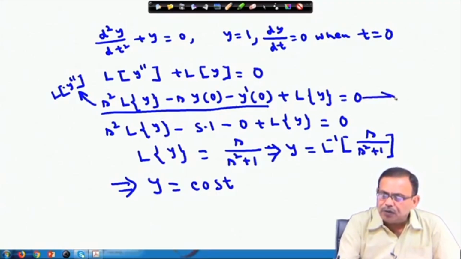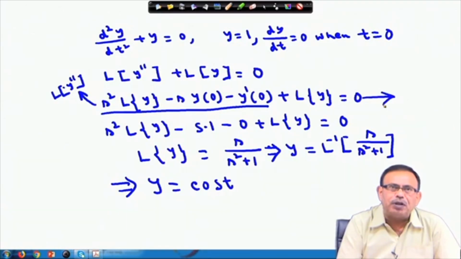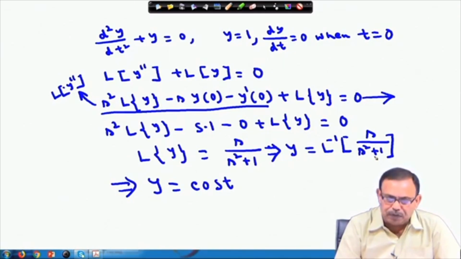Here I am substituting the values provided to me, that is initial conditions or boundary conditions, whatever they may be. Using those values I get a form like this: Laplace transform of y equals s by s square plus 1. So, you can write y equals the Laplace inverse of s by s square plus 1.